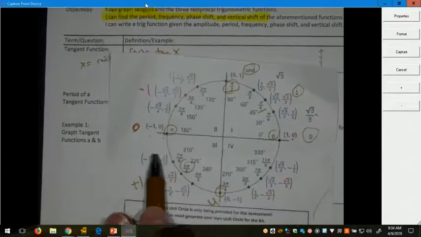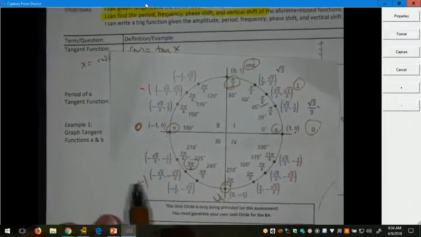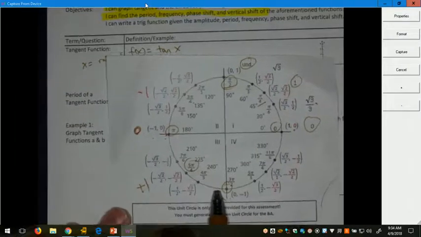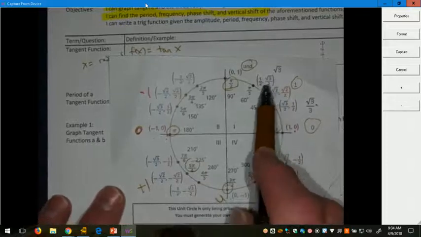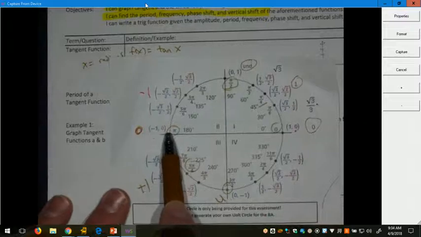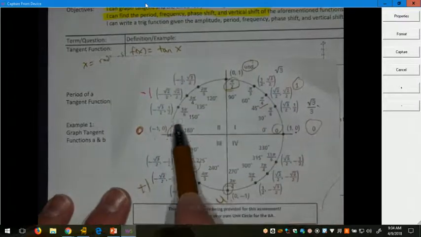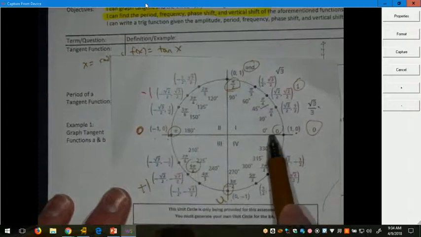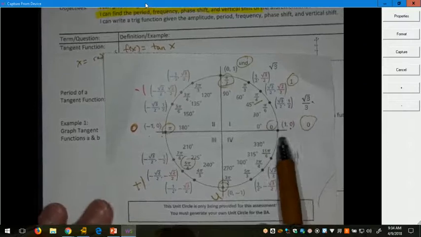So wait, it's going to repeat itself here. Did sine do that? Did sine repeat itself down here? No. Sine went from 1 down to 0, all the way down to negative 1, back up to 0, back up to 1. So it took how long to get sine to come back? Full circle, so that it oscillated between 1, or that's cosine.